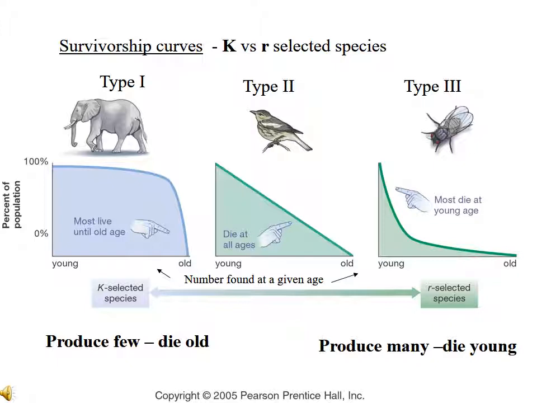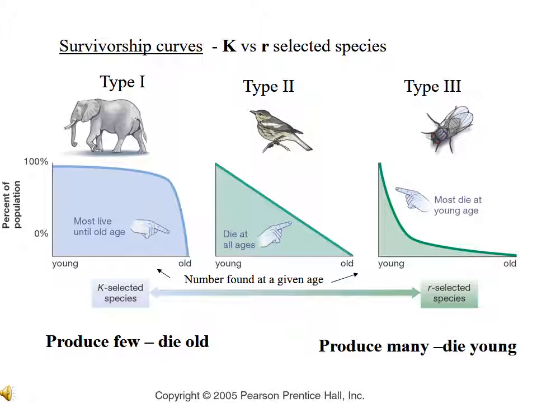It is only the old that we start losing over a very short period of time. So the numbers of organisms that we find at a given age decrease greatly as the organisms get old.